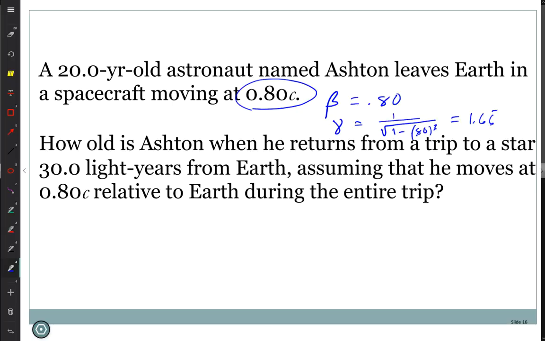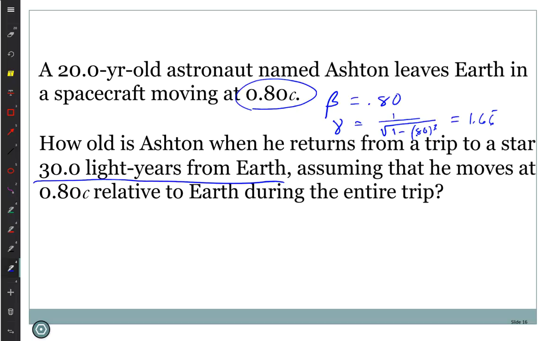Now we have the distance is 30 light years as measured by Earth. It doesn't say as measured by Earth, but I meant it to say that it's measured by somebody on Earth. So if the distance is measured on Earth, we can calculate the time measured on Earth is equal to the distance divided by the speed.